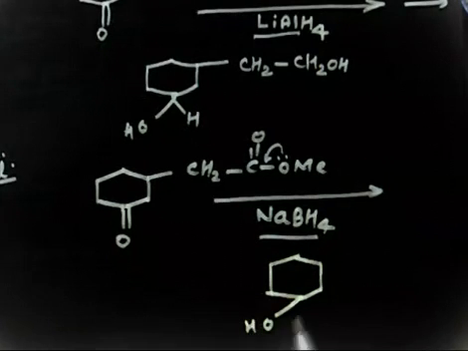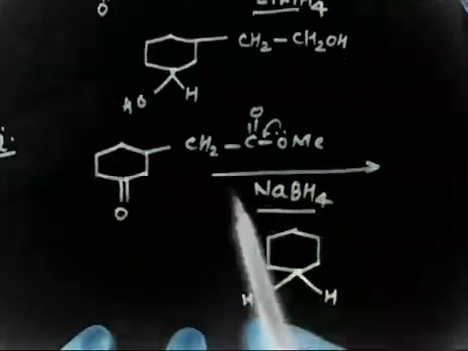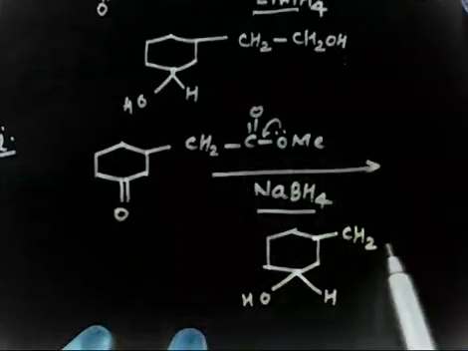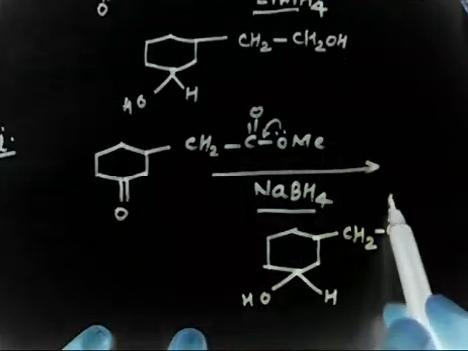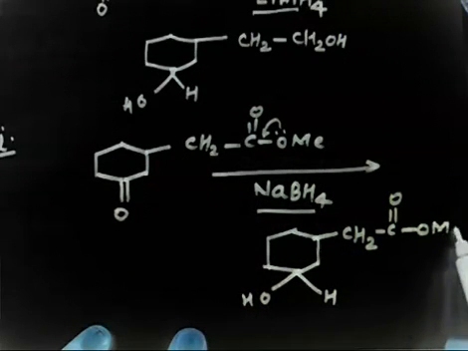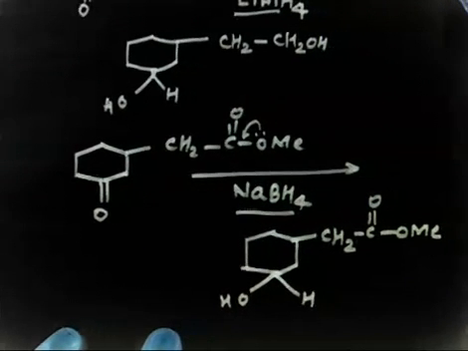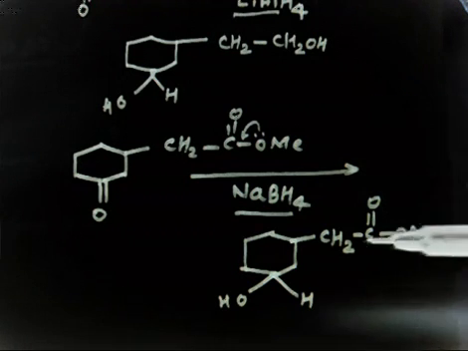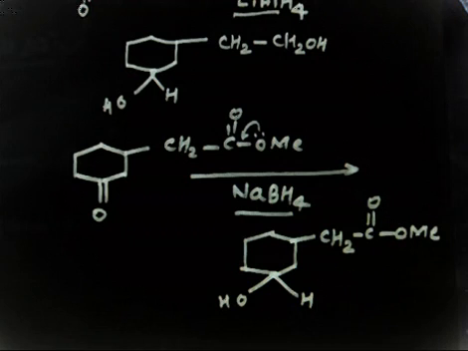So this is OH, H, and this will remain as it is because this group is not reduced: CH2COOMe. Are you getting? So you can write in your copy, NaBH4 can act as a weak reducing agent, while LiAlH4 can act as a strong reducing agent. LiAlH4 can even reduce ester or acid, but NaBH4 cannot reduce ester and acid.